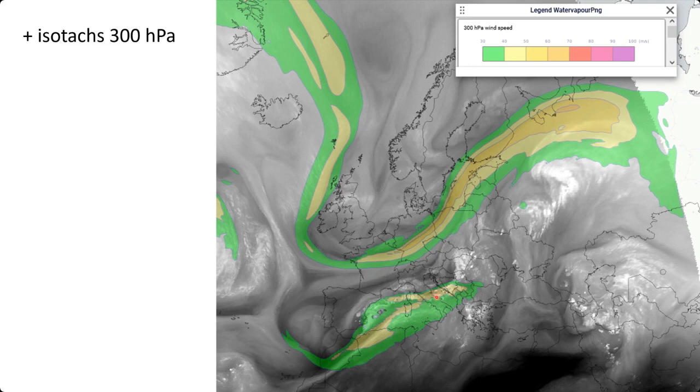So what you can see here is that we're going to have a lot of unstable air, both in the Nordics, but also in the middle part of Europe.